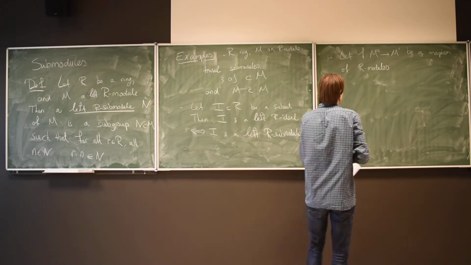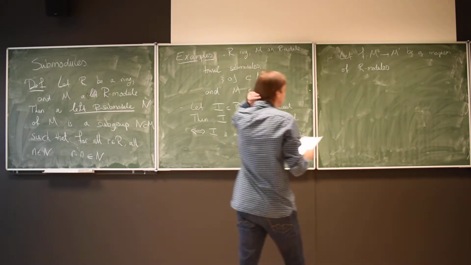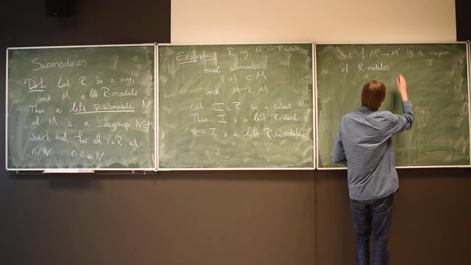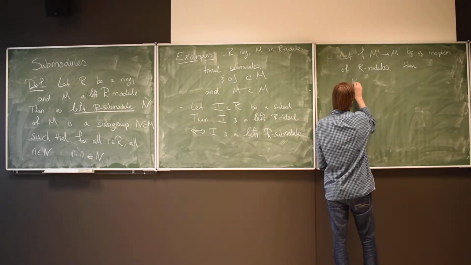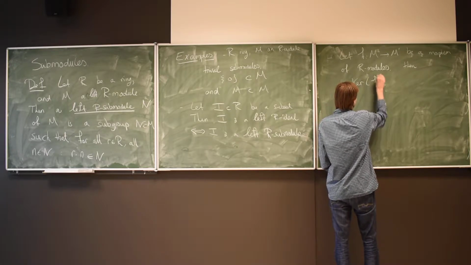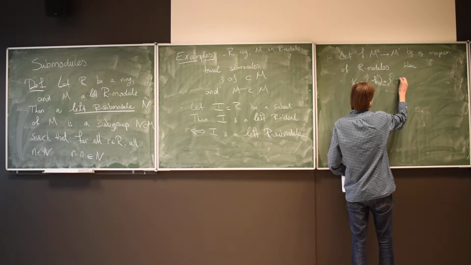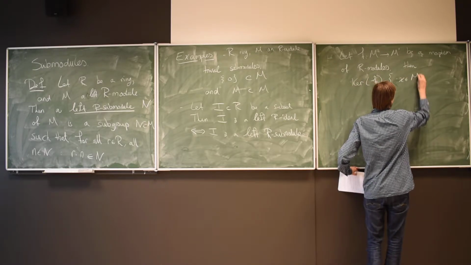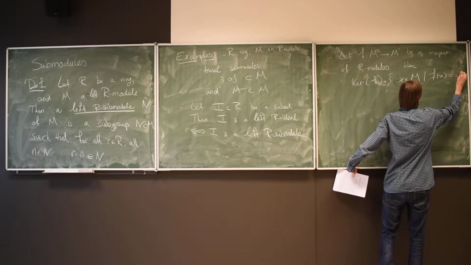So R is still a ring, and then the kernel of f is the set of all x in M such that f of x equals 0.